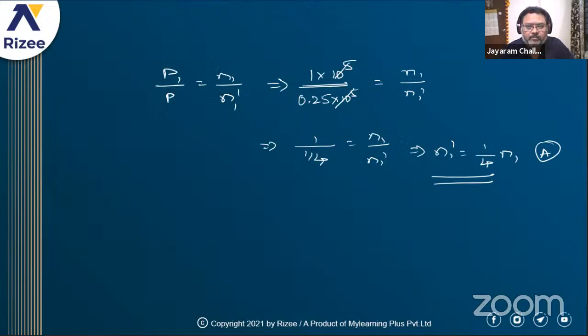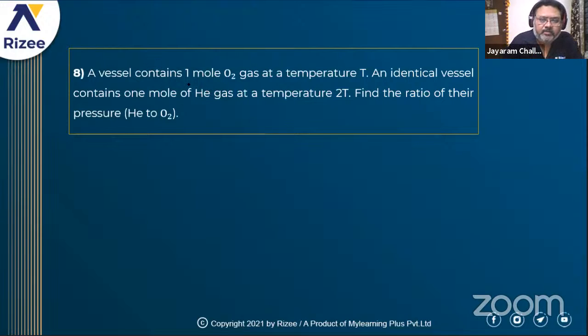So next one, sir. A vessel contains 1 mole of oxygen gas at a temperature T, and an identical vessel contains 1 mole of helium gas. It's a diatomic gas and a monoatomic gas. The temperature is 2T. Find the ratio of the pressures. So it's a direct sum. You can go for this case.